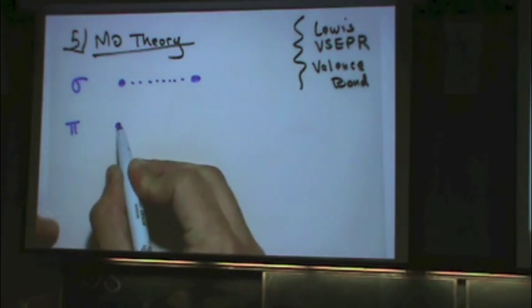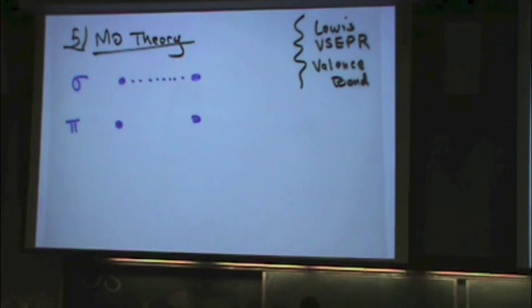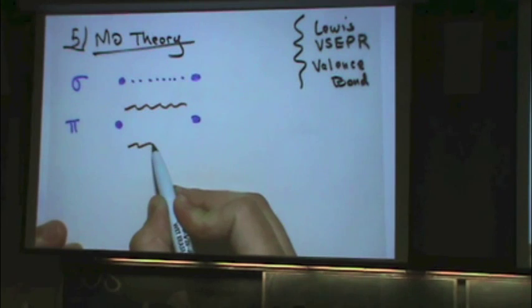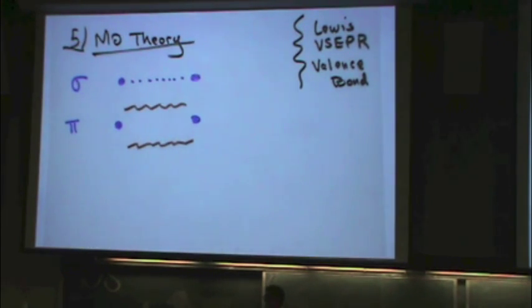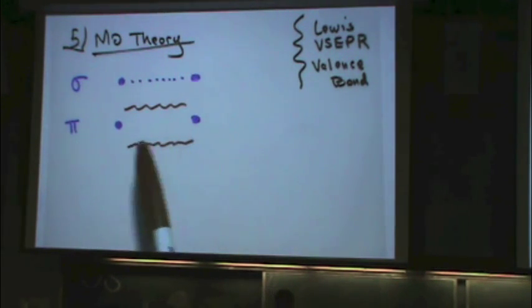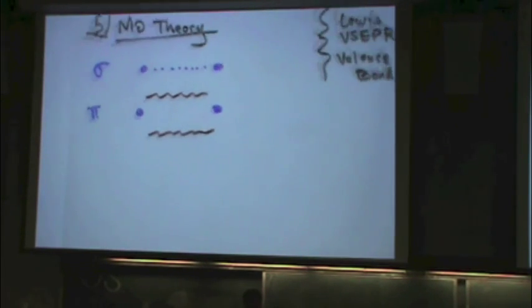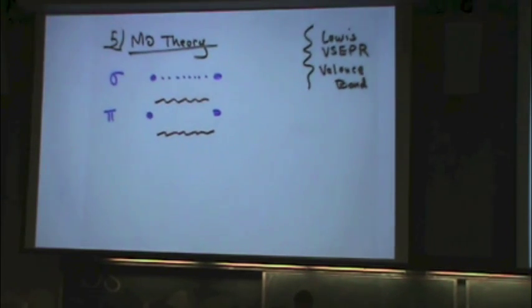Let's say we have the two nuclei here. I'll get a different color. If the bond occurs but does not occur between the nuclei, say above and below the center line, we call that a pi bond. So a pi bond occurs not in between the two nuclei, and the sigma bond does occur between the two nuclei. There's other bonds that go with other Greek letters as well, but these are the only two we'll see in our class.